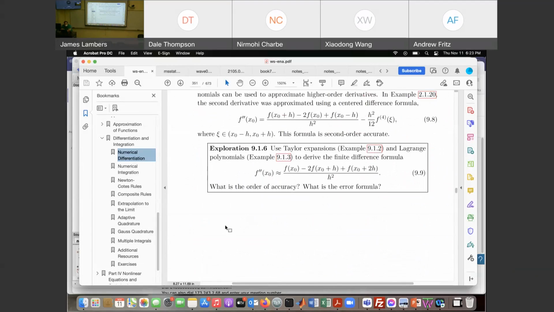Use them separately, but the resulting approximation will be the same. Okay, so we're doing it first with the Taylor expansions then. That's what I was gathering, but I just wanted to double check. Thank you. And then the last part of the question is the order of accuracy error formula. You can have an easier time using Taylor expansion to get the error formula. Okay.